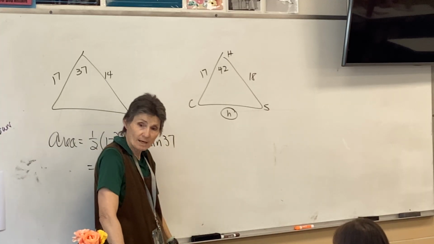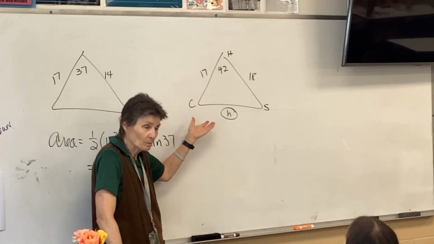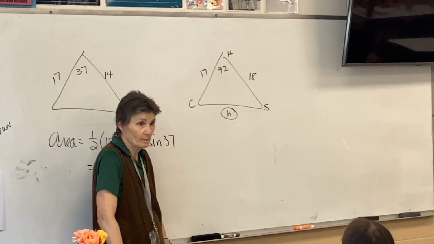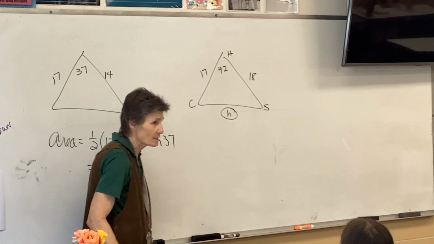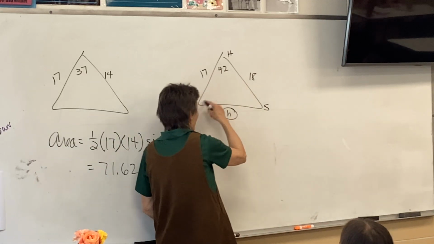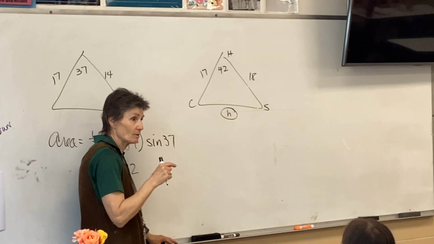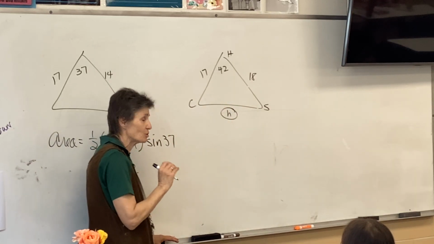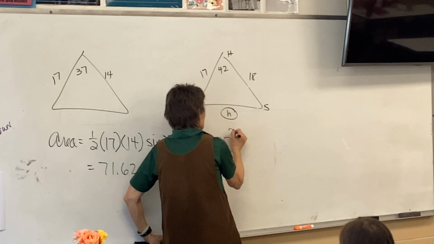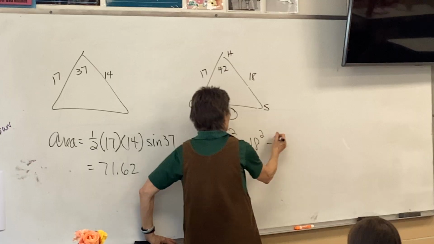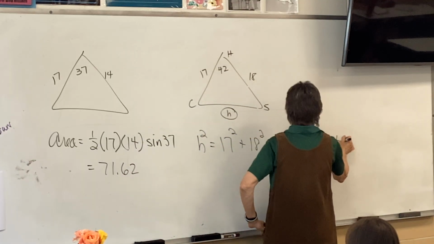So I'm going to do the law of sines or cosines. So look at the situation, which is going to be doable. That'd be cosines. Why does it have to be cosines? Because I don't have a pair. Remember that little deal? You gotta have a pair. Don't have it, can't use sines, must use cosines. So h squared equals 17 squared plus 18 squared minus 2 times 17 times 18 cosine 42.